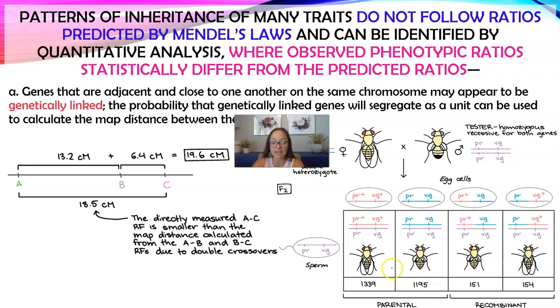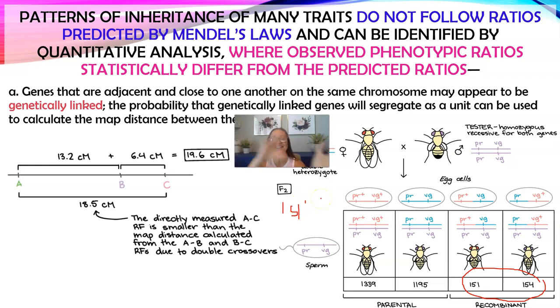But you see the data is not equal. You see these offspring here, a very small amount, that are non-parental offspring, they don't look like either parent. Those are your recombinant offspring. Those are the results of crossing over. So you can calculate recombination frequency, how often crossing over happens, by adding up your recombinant offspring. So 151, oh my gosh.